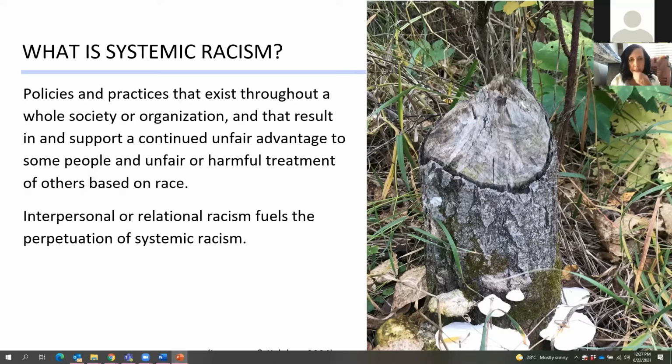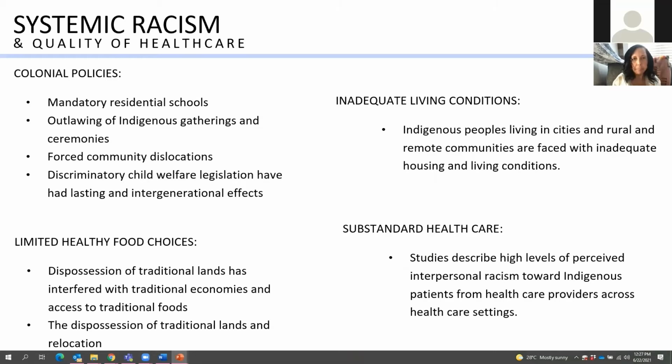Do you want to flip this slide, please? So I don't want to go through all of this in depth, but just to say, of course, that for Indigenous people in particular, colonial policies continue to impact Indigenous people in many ways.